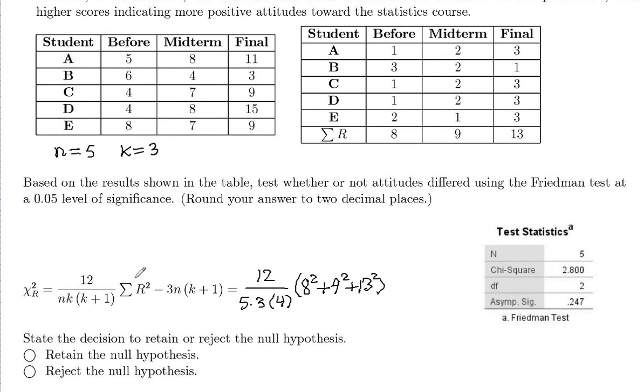Okay, that's what this notation means here. And then you subtract 3 times our n, which is 5, and then times k plus 1, and k is 3 because there's 3 sets of measurements, so 3 plus 1 would be 4. And if you compute that on the calculator, you get 2.8.